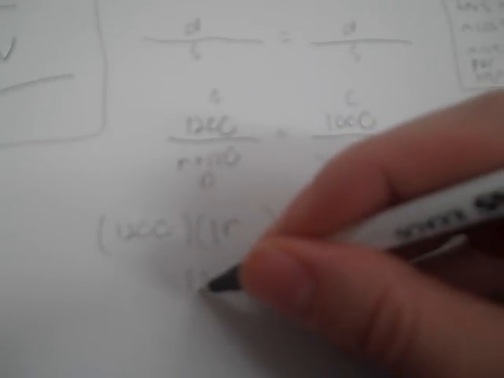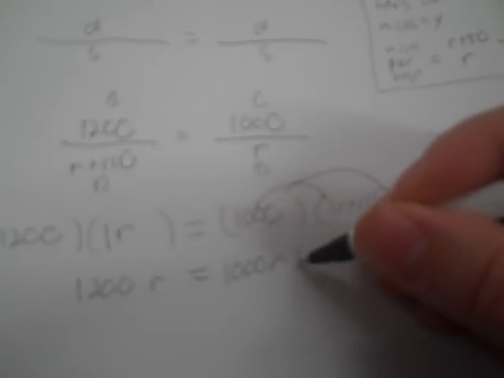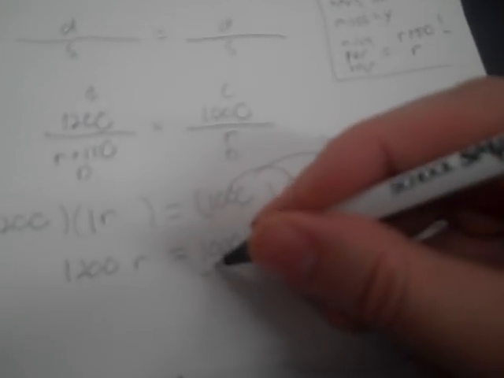Okay, so this is pretty easy distribution. You're just going to have 1,200R. Then you're going to have 1,000R. Then I take 1,000 times 150. 150,000. Okay, my variables are like terms, so let's get them on the same side.